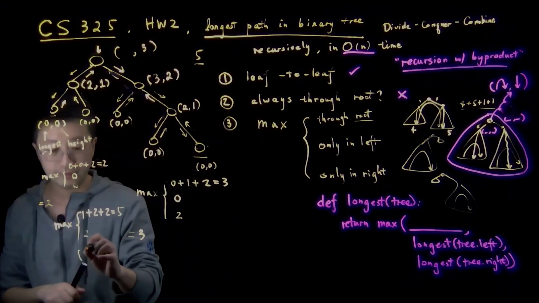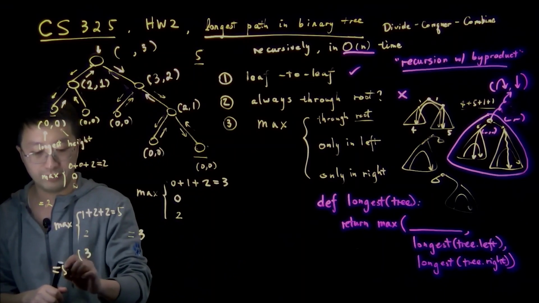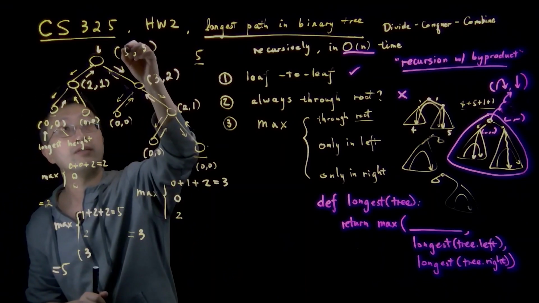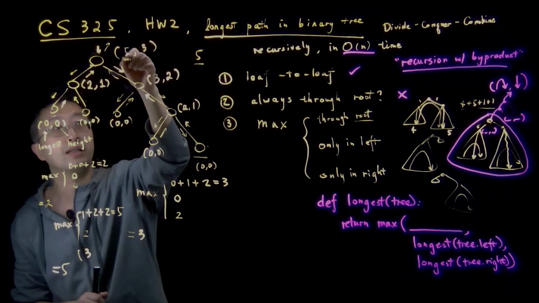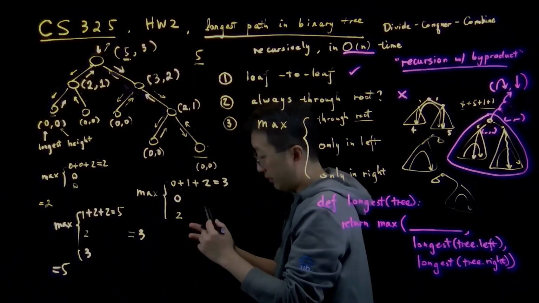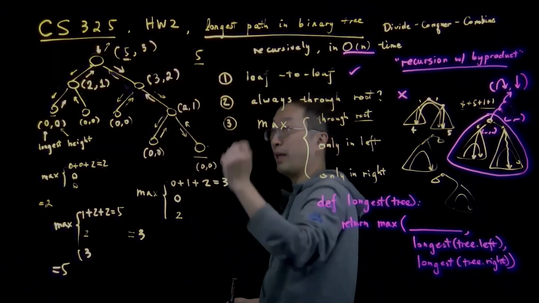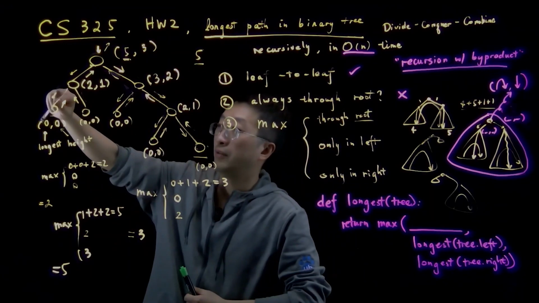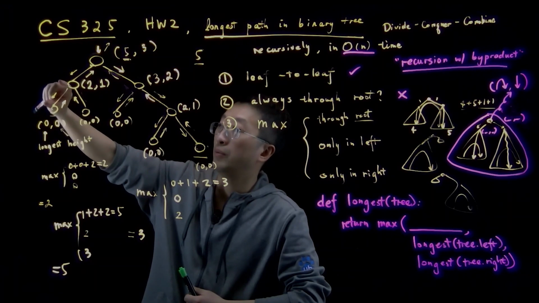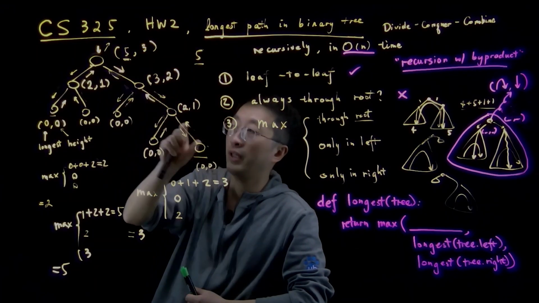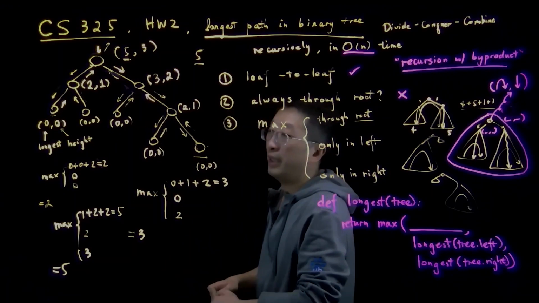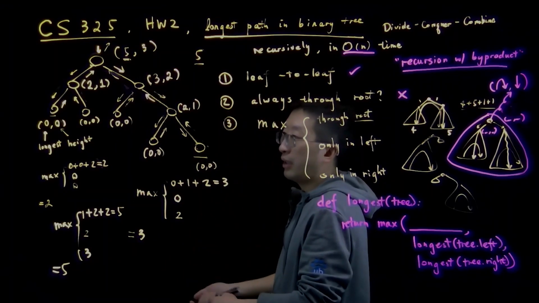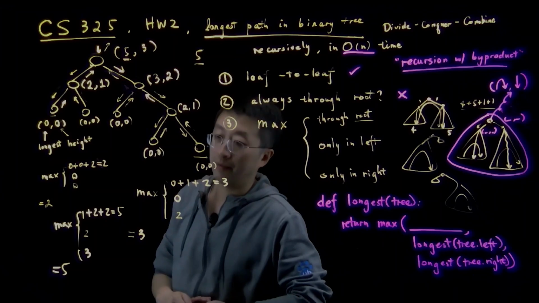So in this case, it's 5. And this is further returned, and only the first number is needed for the final answer. So the longest path is 5. It's either this edge 1, 2, 3, 4, 5, or 1, 2, 3, 4, 5. It doesn't matter. There are 4 paths, all of them with equal length of 5.